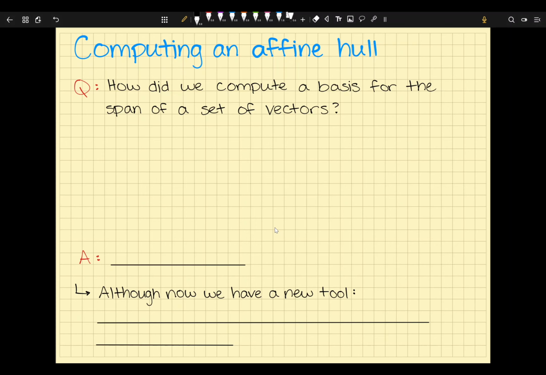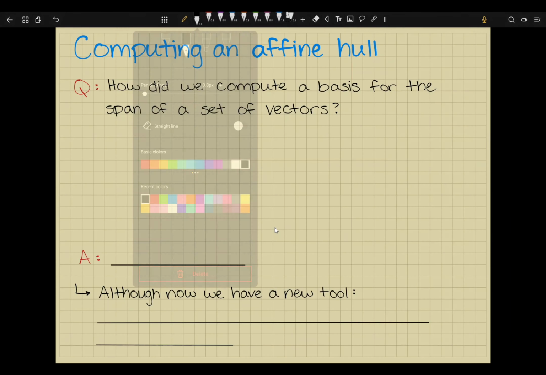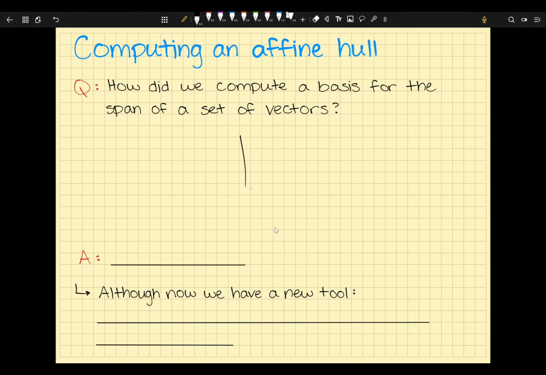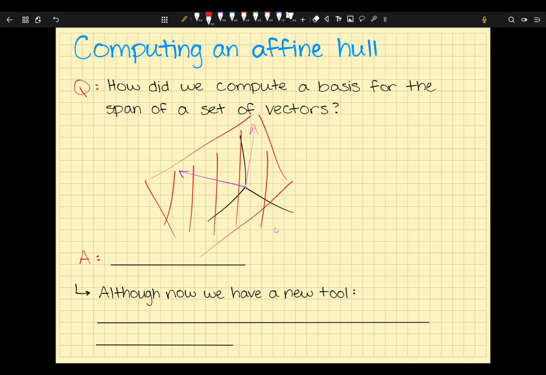So for example, if we wanted to compute an affine hull, how did we compute a basis for the span of a set of vectors? Meaning, I have 2 vectors, one here, one here, and their span is going to be this plane.